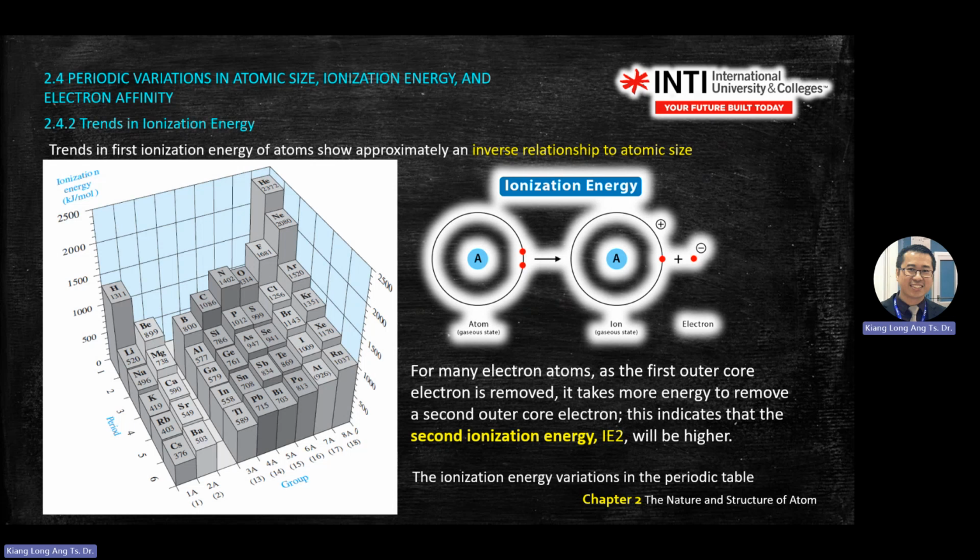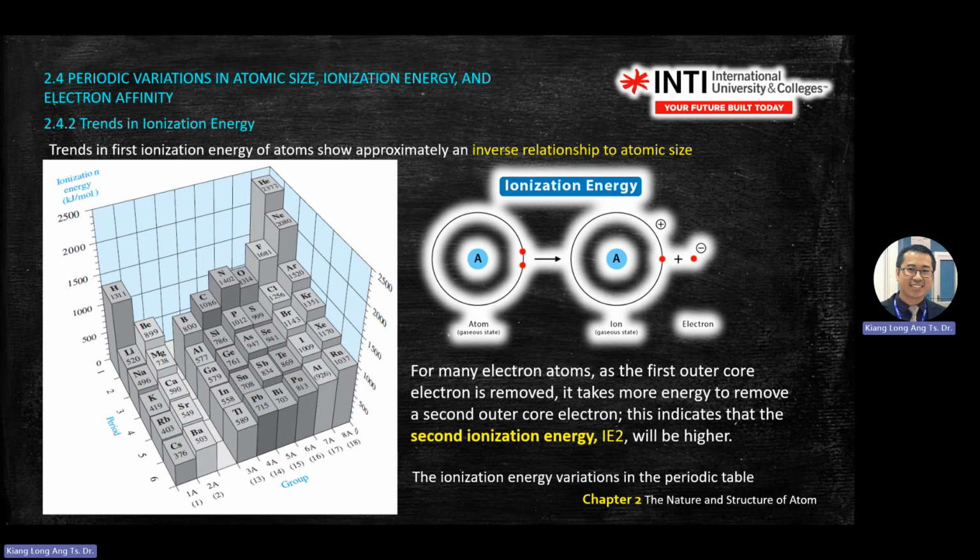It's like playing games. Let's say this one has 2 electrons outside. You remove one already, so this one becomes more positive. More positive means what? The remaining electron outside will be pulled inside because of the stronger positive charge. So to pull it out, you need more energy.